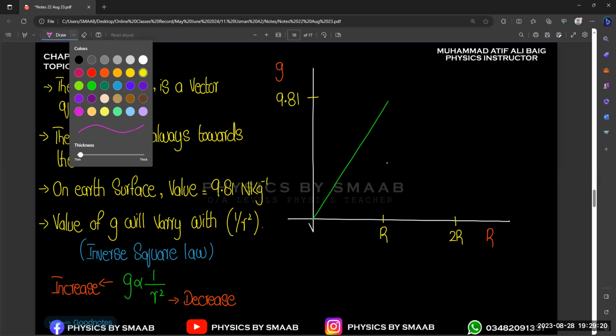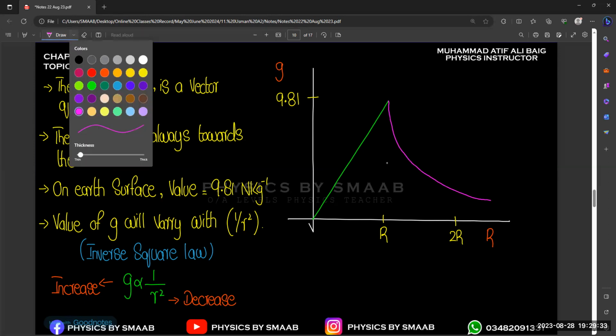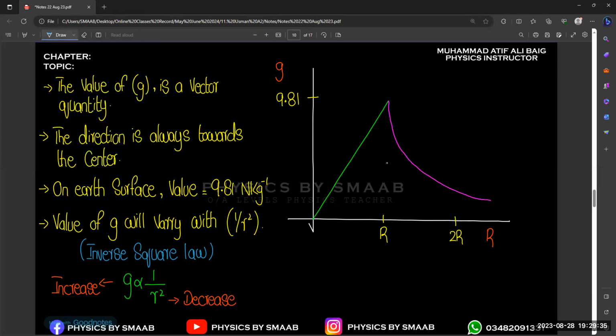So your final formation of the graph will be like this. Okay, so it will be like exponential decay, and you can see that the initial value is constant till r, and then at 2r it is different.